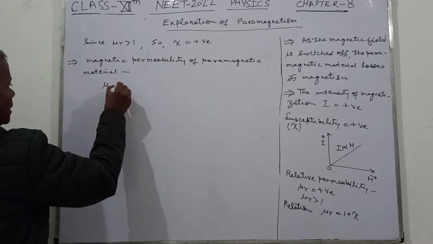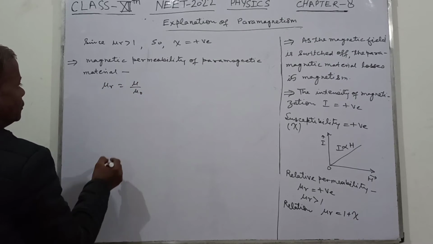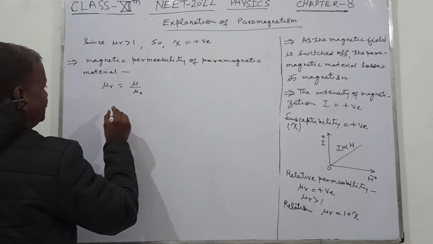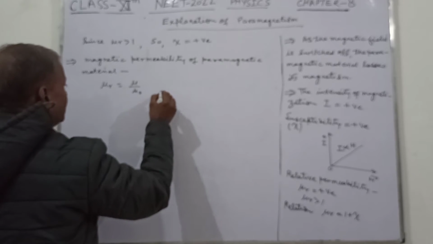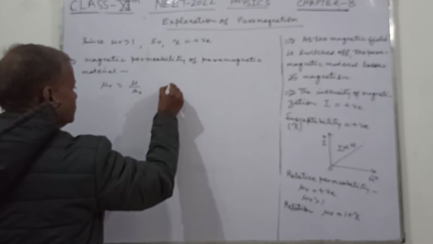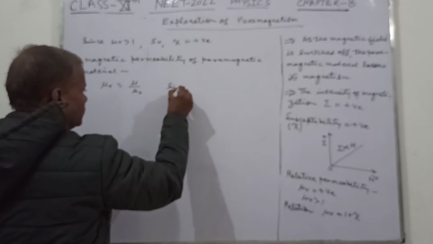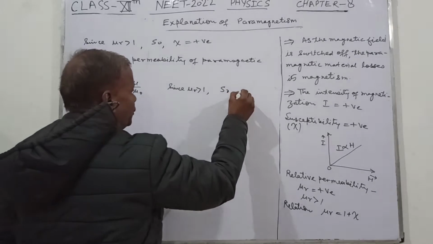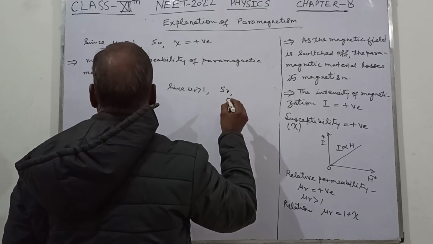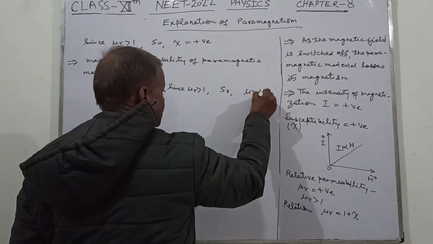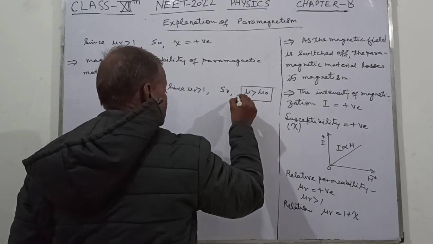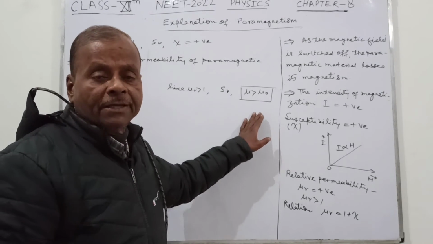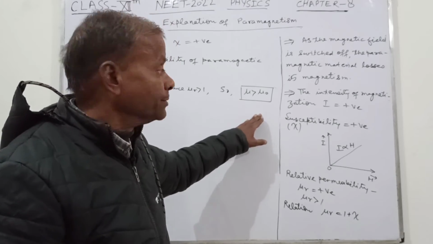Now this mu r equal to mu upon mu naught. Since mu r is greater than 1, mu is greater than mu naught. The magnetic permeability of this paramagnetic material is more than the magnetic permeability of the free space.